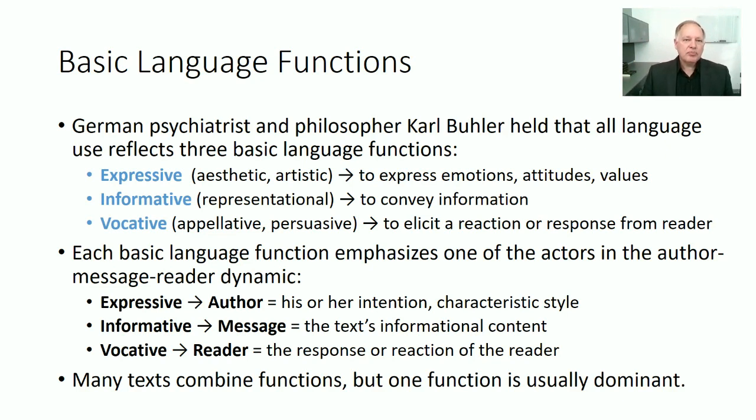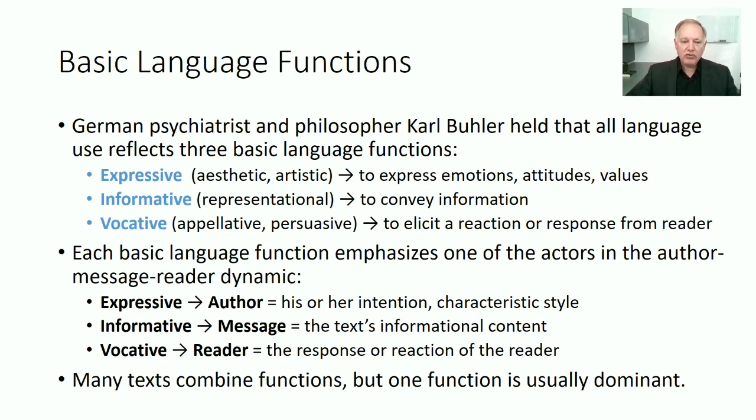Now, if you think about it, each of these three language functions, you could map them onto the three main players in our communication model, right? The author, the message, and the reader. The expressive function is concerned with the intention of the author, his or her expression of ideas, emotions, experiences.